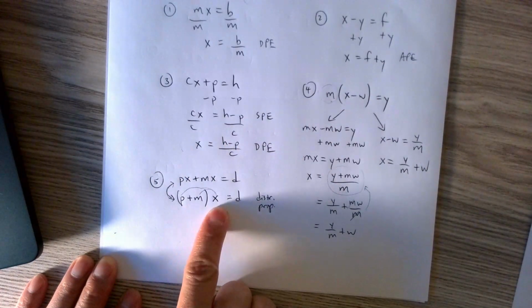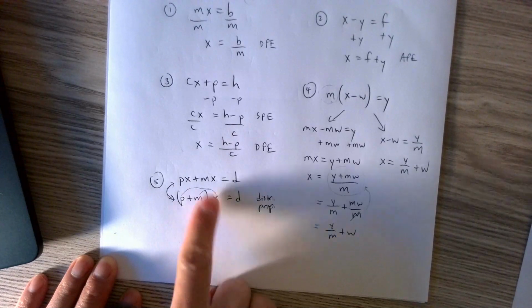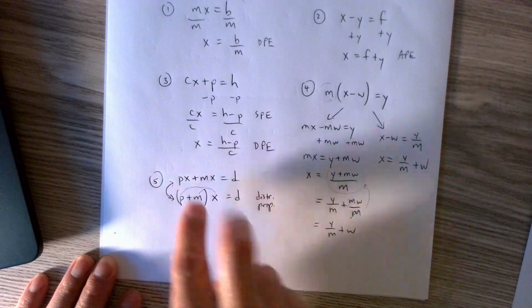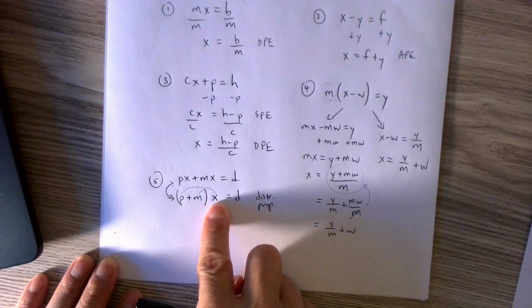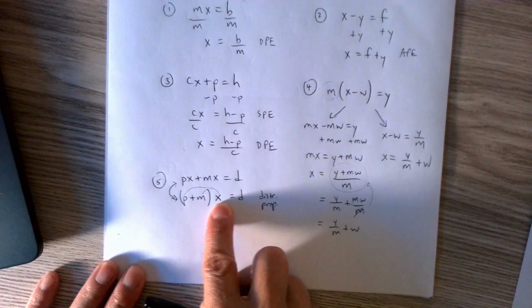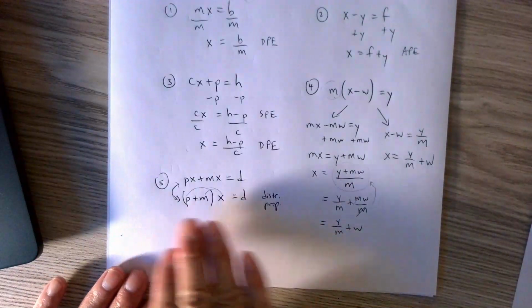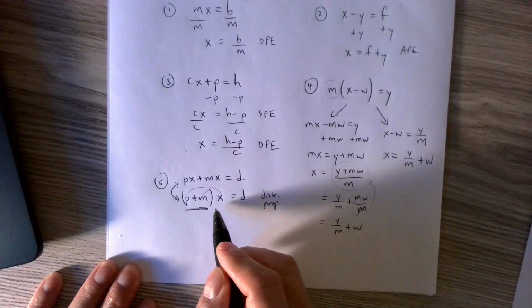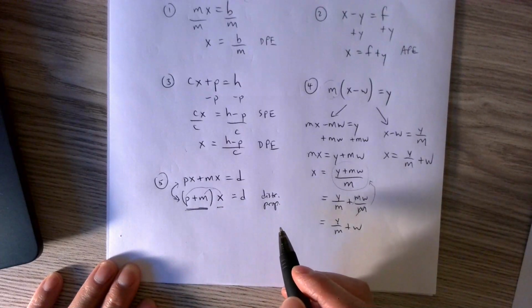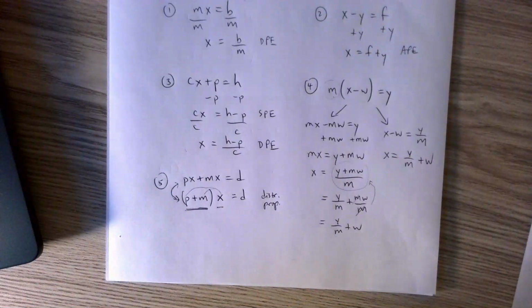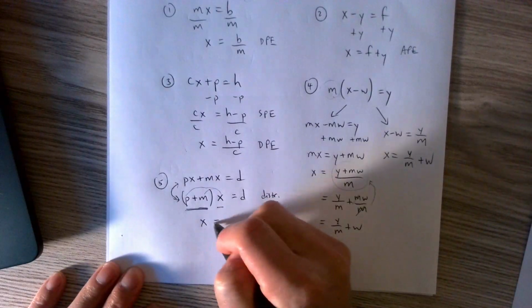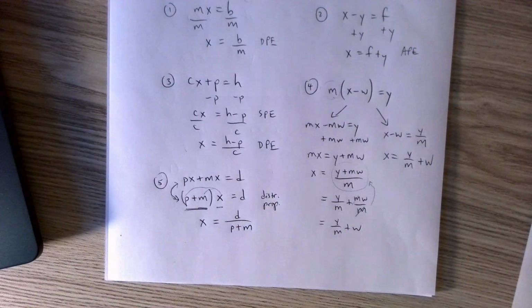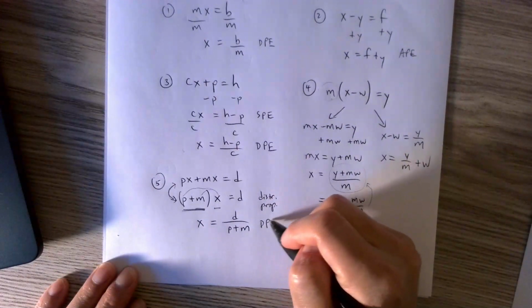So I'm doing reverse distributive property. You can think of it as taking the x out of these two terms and putting it on the outside of this set of parentheses. It's still distributive property because properties work in both directions. And now I have just one entity times my x. So I can use DPE. And I'm done. That was DPE.